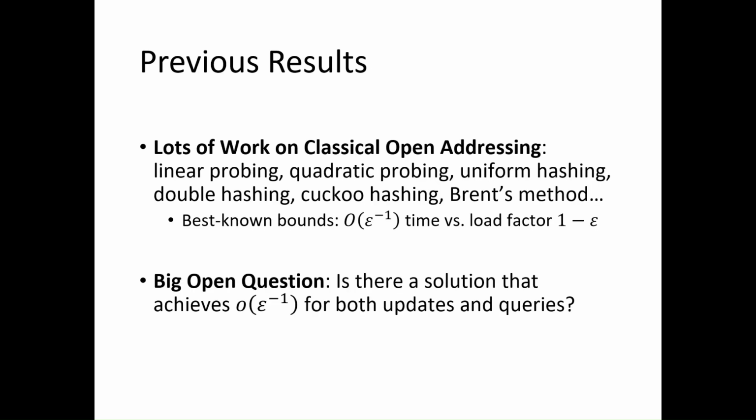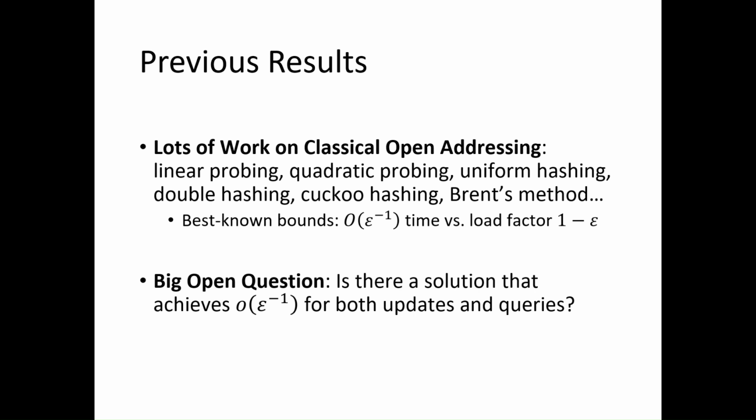There's a lot of work studying this question, and over all of them, the best known time bound so far is epsilon inverse time per operation versus a load factor of 1 minus epsilon. So here, the epsilon inverse time means the slowest between updates and queries.